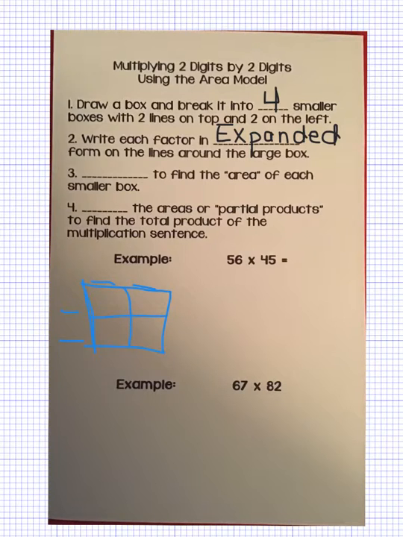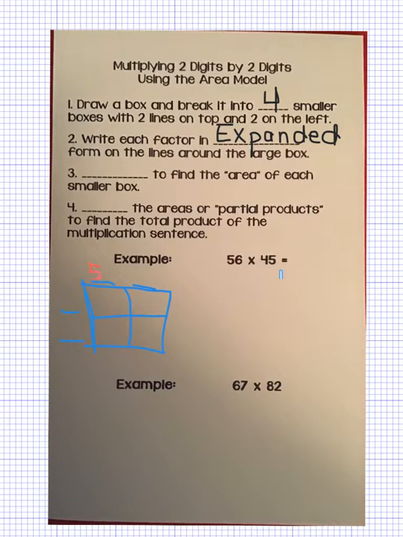And we're going to do that on the lines around the large box. So we're going to take 56 and make it into 50 and 6. We're going to take 45 and make it into 40 and 5.